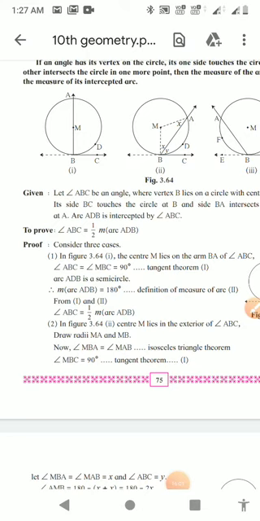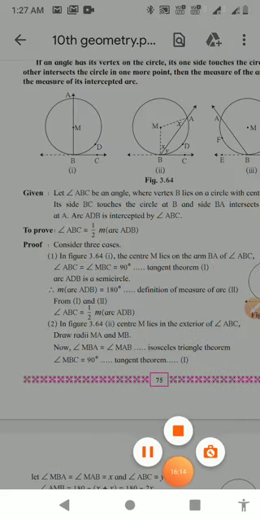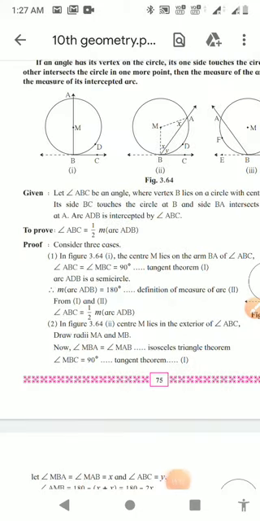So if we see these two equations, we can say something about angle ABC and the measurement of arc ADB, because the measurement of arc ADB according to equation 2 is 180 degrees, isn't it. And this angle ABC is 90 degrees, so there is a relation between them: one half.